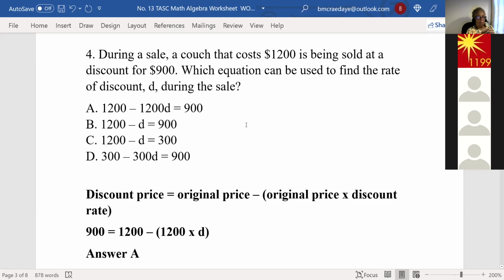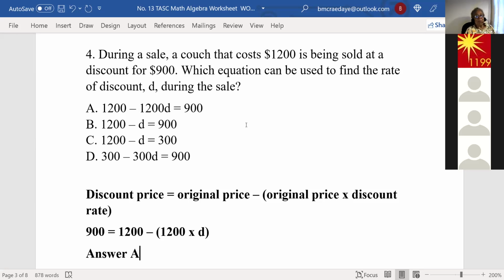Just remember, whenever you get something on sale, you subtract whatever it is originally times a rate, could be 10% or 20%. Subtract that from your original price, and that's your discount price. Any questions? So we like getting things on sale, right?